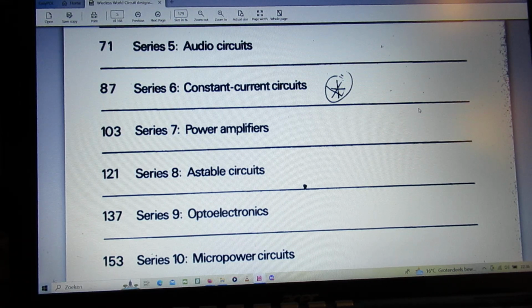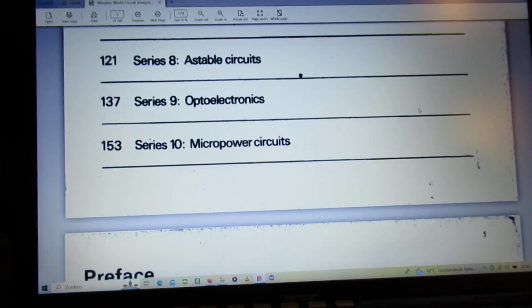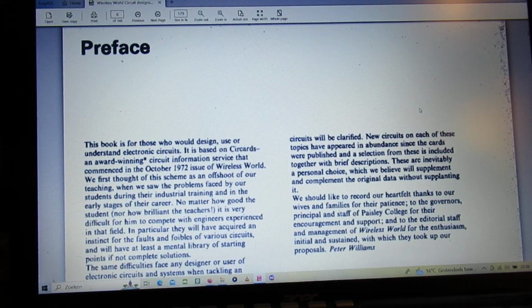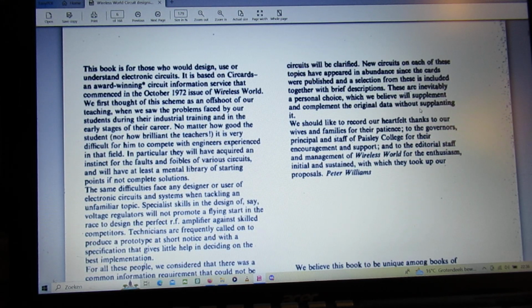Astable circuits, the astable multivibrator will surely be there, micro power circuits. The preface, well, you can read it surely on the website that I have named.